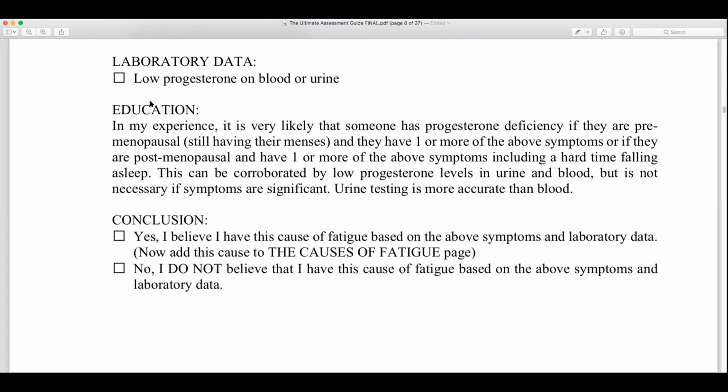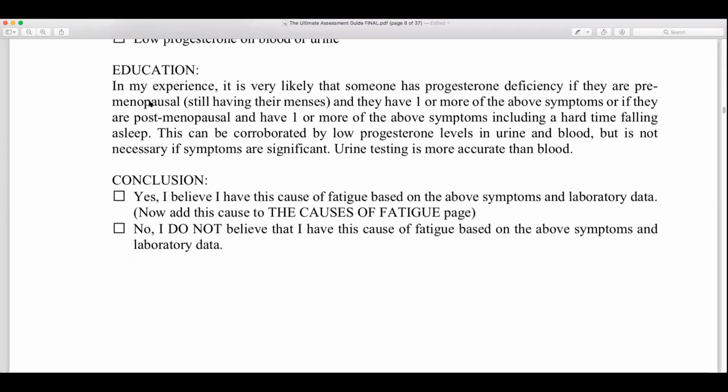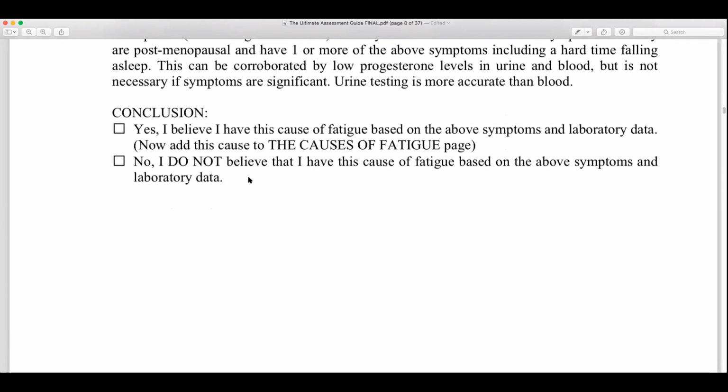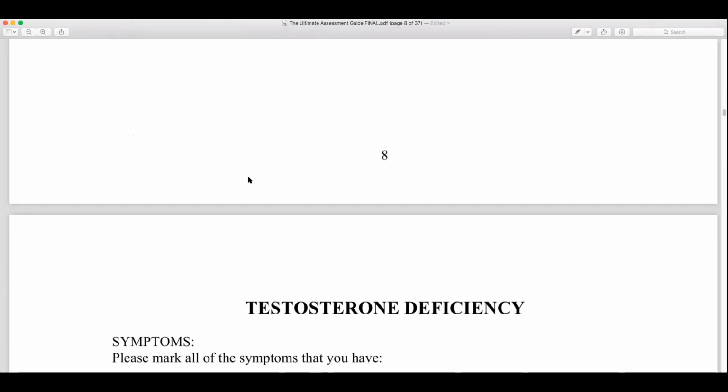In my experience, it's very likely that someone has progesterone deficiency if they are premenopausal, so if they're still having their period, and they have 1 or more of the above symptoms, or if they're postmenopausal and have 1 or more of the above symptoms, including a hard time falling asleep. This can be corroborated by low progesterone levels in urine and blood, but is not necessary if symptoms are significant. And then a reminder, urine testing is more accurate than blood. Once again, the conclusion: mark off whichever one is appropriate for you, and if it is a yes, mark it off on page 2 as well.